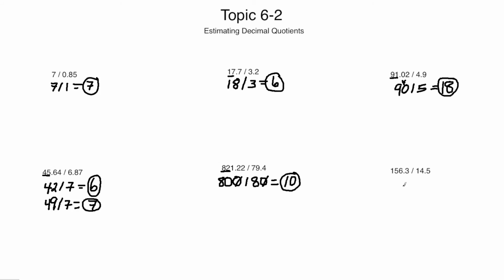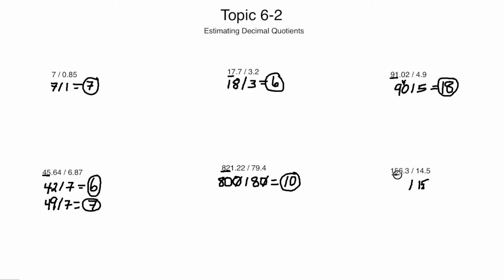All right, let's look at the last problem. 156 and 3 tenths divided by 14 and 5 tenths. Go ahead and pause it and estimate it. All right, so I am going to do the divisor first. I'm going to estimate that up to 15.